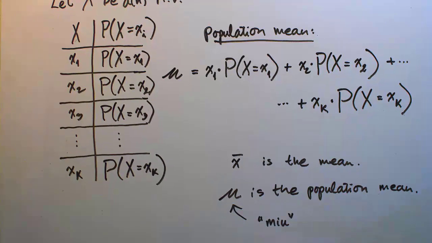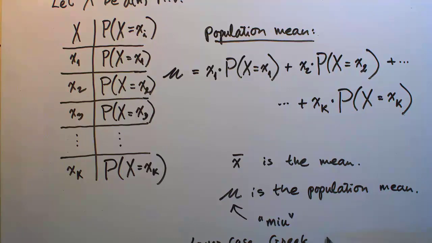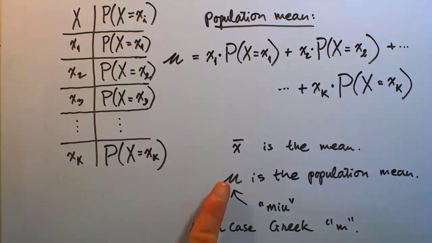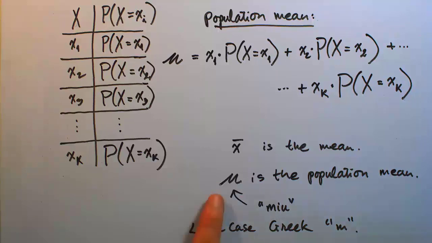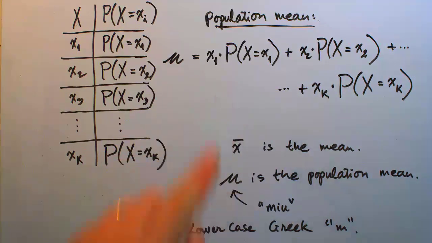The mu symbol is simply a lowercase Greek letter m, so it stands for mean. We use that lowercase Greek letter m to represent the way we find population mean.